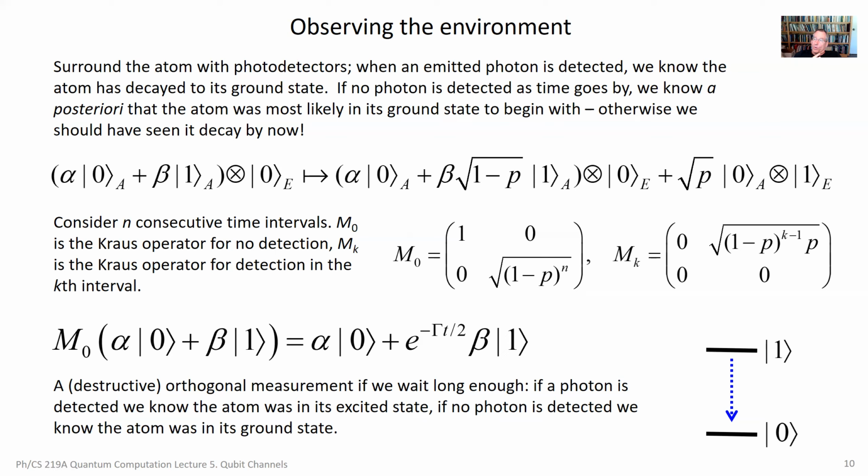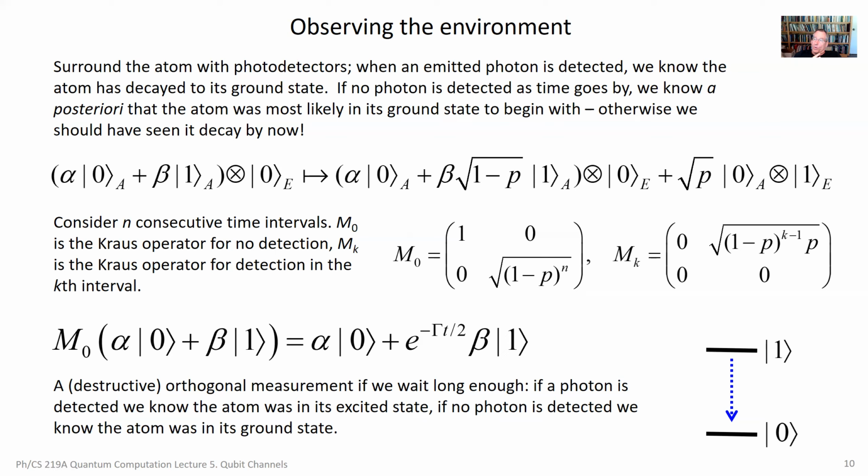So let's imagine we start out with some initial state of the atom. It's a superposition of the ground state 0 and the excited state 1. The photon field, the electromagnetic field, is in its vacuum. There are no photons around. And then this is the way we argued the state would evolve in a short time in which the probability p of a spontaneous decay event, well, actually, whether it's small or large, we would describe it the same way, though I would like to consider the case in which it's small.